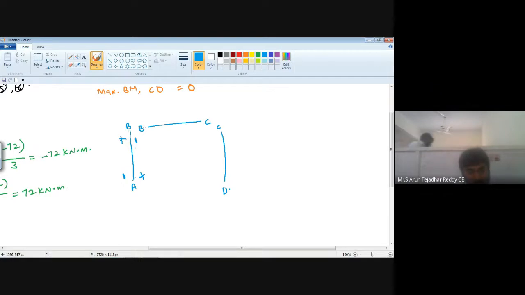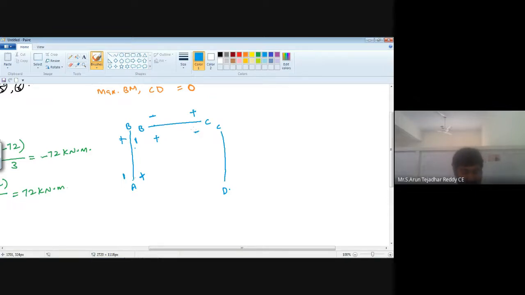Now coming to BC, if you get a minus value, then it is above the beam. If it is positive, it is below the beam. Now coming to C to B, that is right to left. Here it is positive value, here it is negative value.